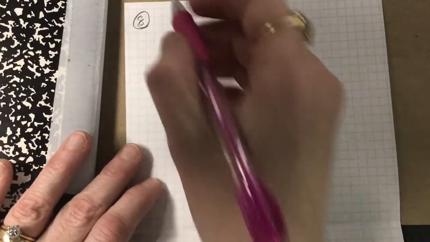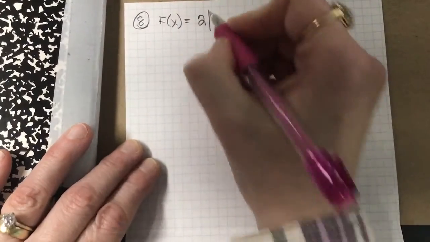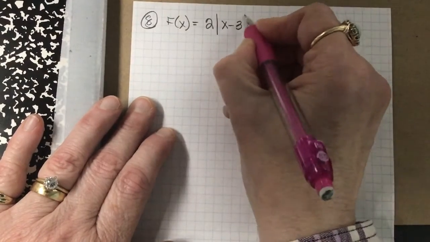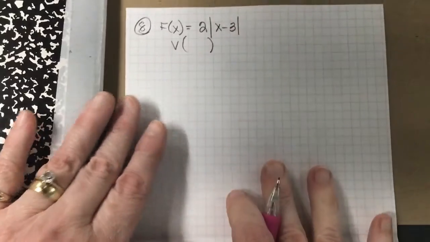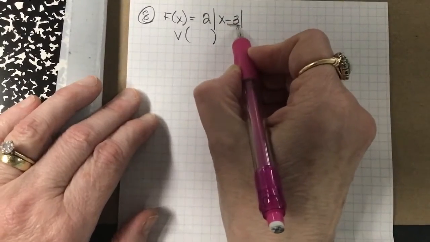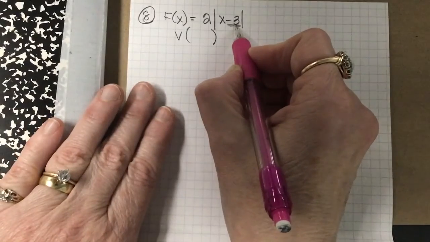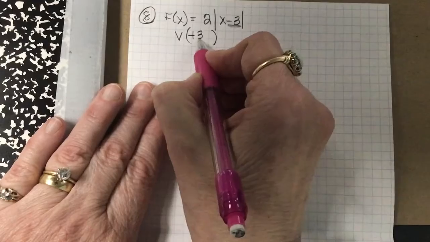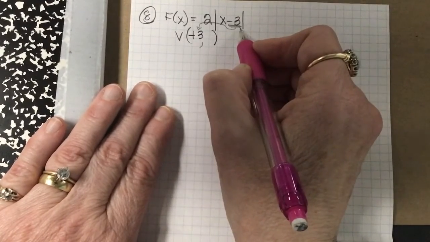Do f of x is equal to 2 absolute value of x minus 3. Okay, here's the first thing you want to do: tell me what the vertex is going to be. This, remember, affected the graph left-right, your x, and what did we do to it? The opposite. So that's going to be positive 3. And if you want to draw an arrow and say opposite.